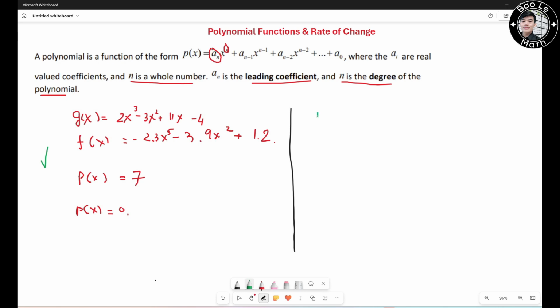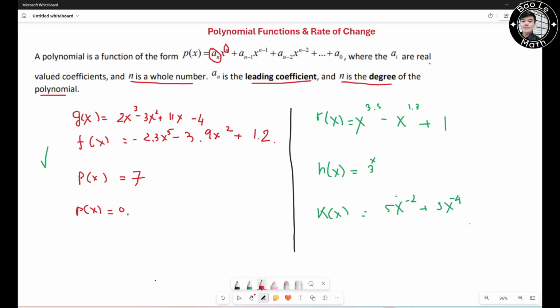For example, r of x is x to the 3.5 minus x to the 1.3 plus 1. Or h of x is 3 to the x. Or k of x is 5x to the negative 2 plus 3x to the negative 4.